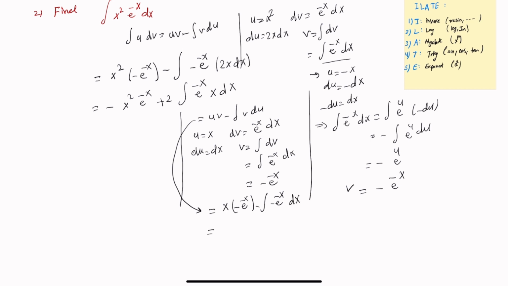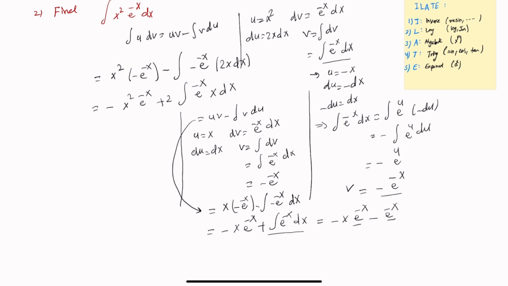So that's going to be equal to minus x e to the minus x, then I'm gonna pull the minus sign, that's gonna be positive, the integral of e to the minus x dx. That's going to be equal to minus x e to the minus x, and then this integral again is going to be this integral. So that's going to be equal to minus e to the minus x.